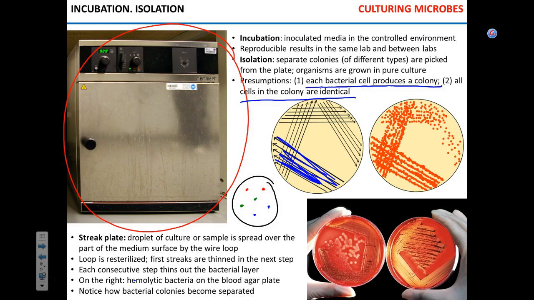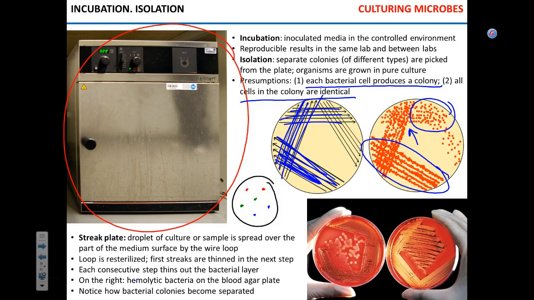Then you put the loop into the flame, you sterilize it, and then you start streaking here, diluting the bacterial population that you've got here. So you see as it gets diluted. And then you sterilize the loop again, and you dilute the population again.